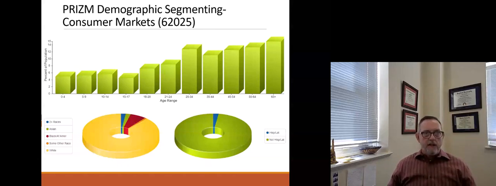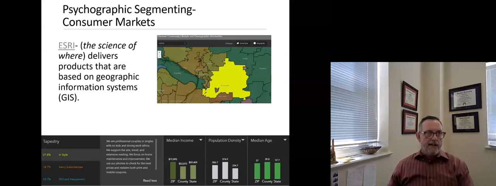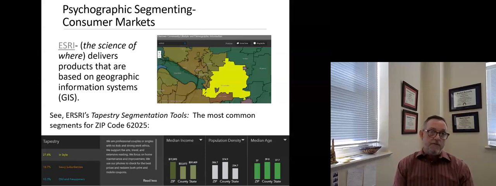Another company out there is called Esri, E-S-R-I, and they do a very similar type of work. Their product is called Tapestry. It's a GIS-driven system where you put the zip code in, and it pulls information on the different types of consumers there.